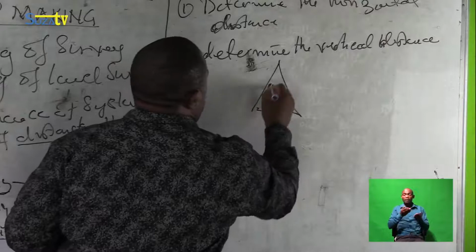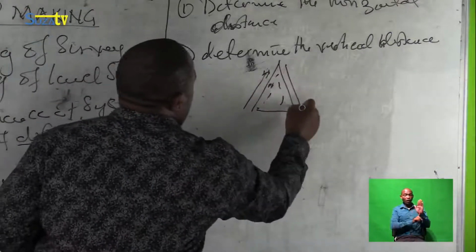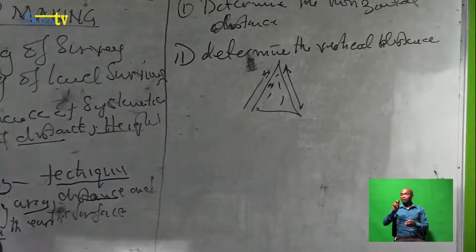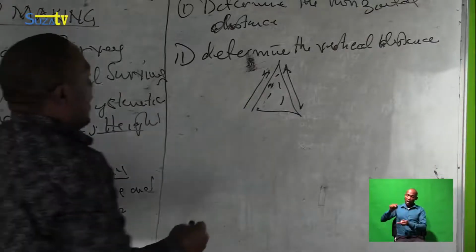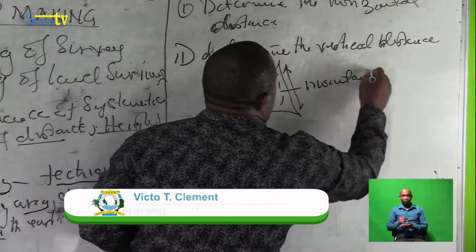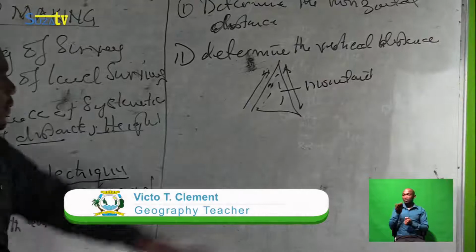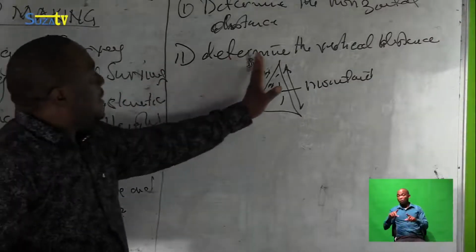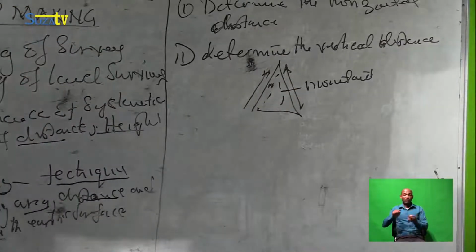If we need to know the height of the mountain, the survey can be used to measure it. So this is another purpose. The first is the horizontal distance, and also we can find the distance of a vertical object, such as the mountain.